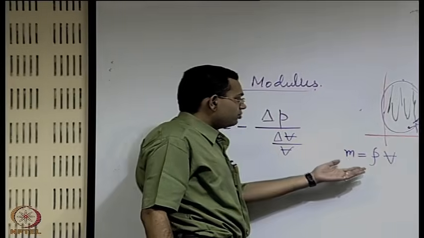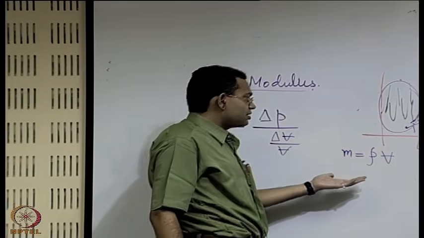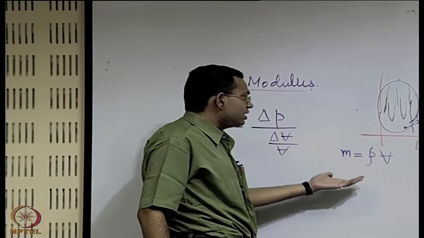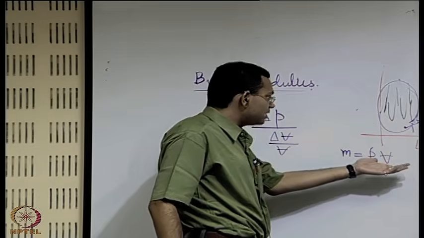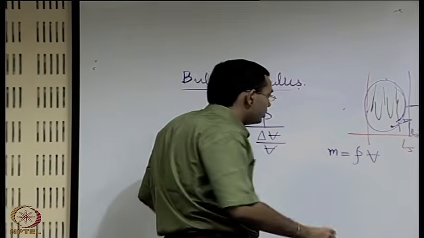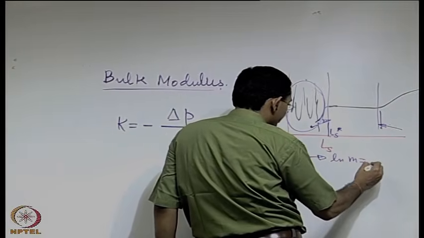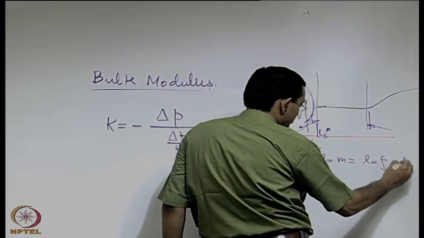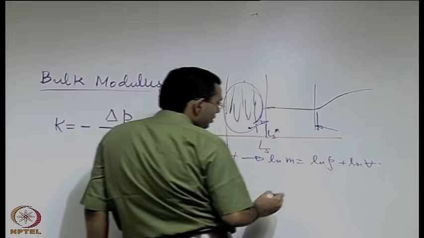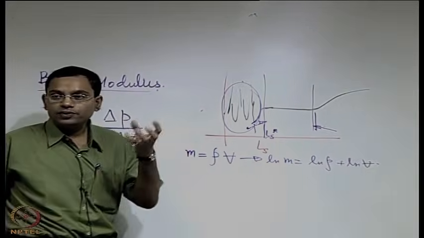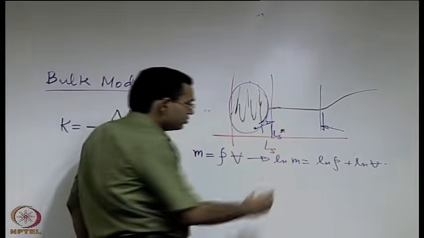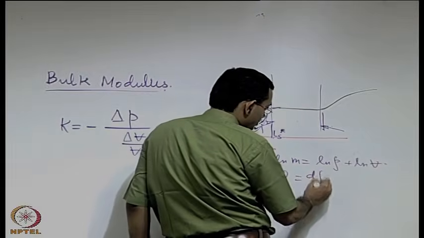So if you want to see what is the relationship between the elemental change of density and the elemental change of volume, what you can do simply is take log of both sides and differentiate. If you differentiate, keeping in mind that the mass of the fluid element is conserved, so its derivative should be 0.